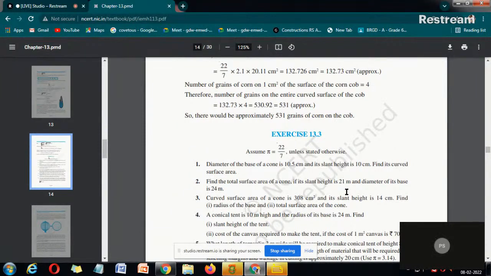So it will be pi r into L plus r, 22 by 7 into radius here is 24 into 26 plus 24.